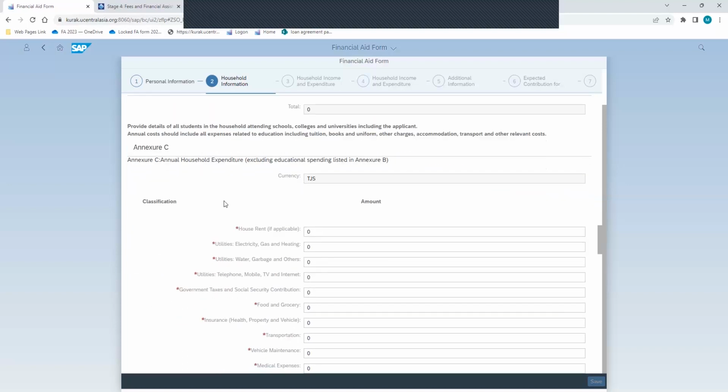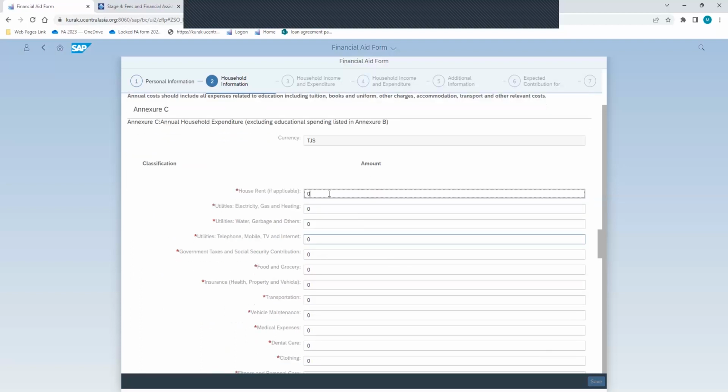So we are going down to Annex C, starting from the house rent if applicable. As I mentioned in my application, I'm not paying rent because my house is owned by me, so I'm just going down. Utilities, electricity, gas, and heating.